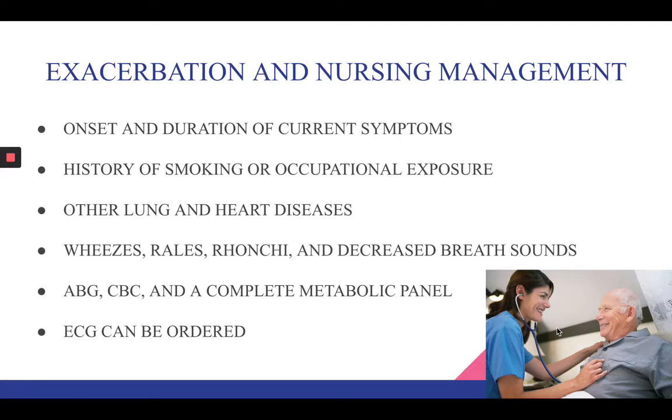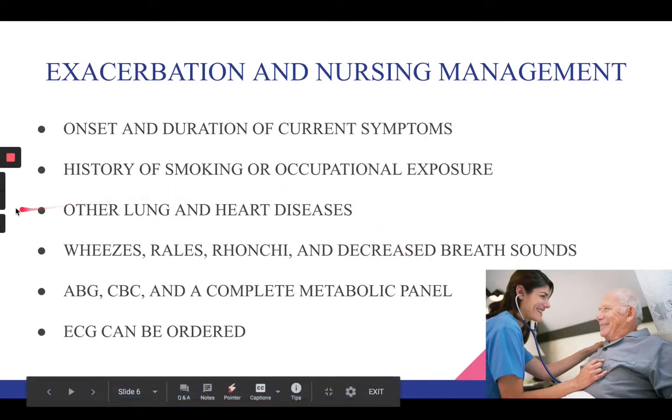Pertinent labs may include arterial blood gases, complete blood count, and a complete metabolic panel to establish a baseline and monitor improvement or decline. ECG can be ordered to rule out cardiac involvement or pulmonary hypertension.